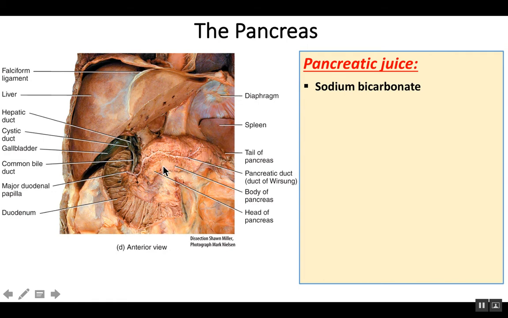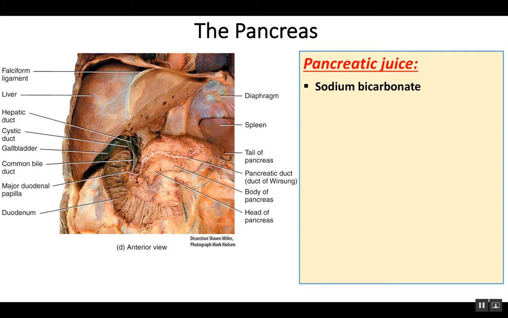But let's talk about what this pancreas is going to do. Notice there's some big ducts in it. Pancreas is largely exocrine tissue. The exocrine tissue of the pancreas is going to produce a lot of things that are going to be delivered into the duodenum. And collectively, we call that pancreatic juice. But don't forget that a small portion of the pancreas is responsible for regulating your blood sugar with insulin and glucagon.